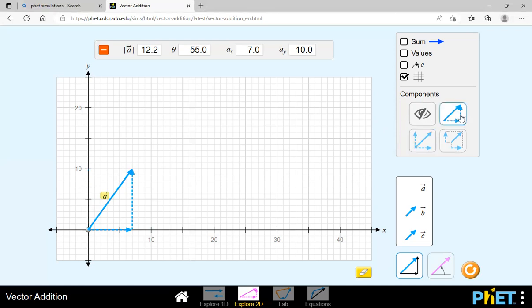So let me show you this final triangle. This is the A vector, this is ay, the component along the y direction, and here it's ax, the component of A along the x-axis. We notice that the angle between the two components is 90, right? So this here is a right triangle.